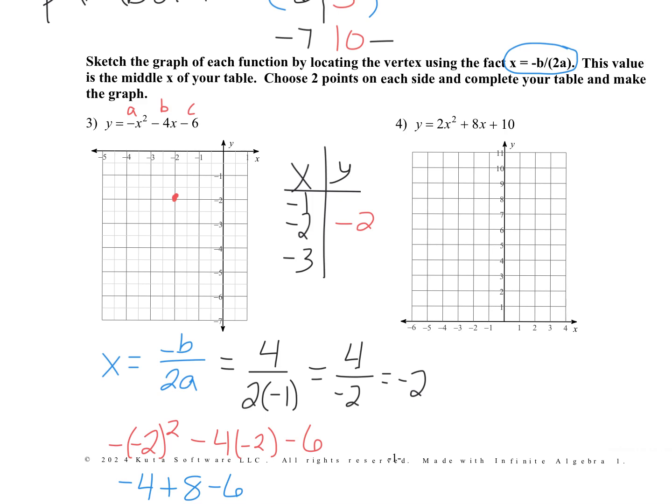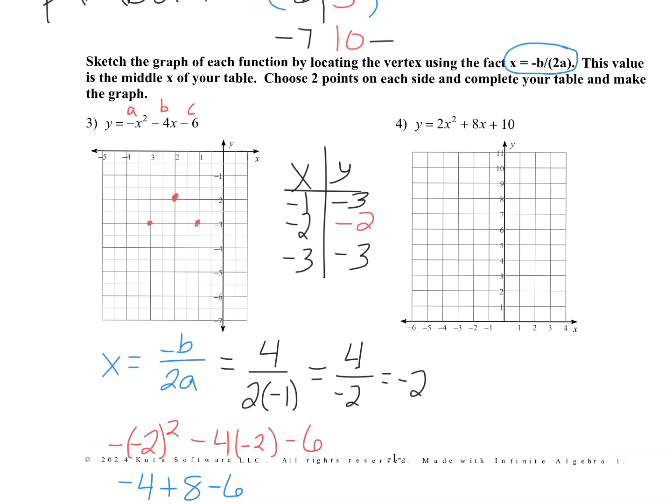What do you know about the values of negative 1 and negative 3? Go ahead and find them both, and then we'll talk about it. So what do you notice? What do you notice about my -1 and -3 y value? They're the same. Okay, go ahead and plot those. Remember, what did we say is going to happen?